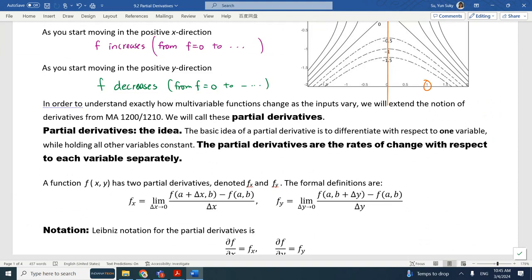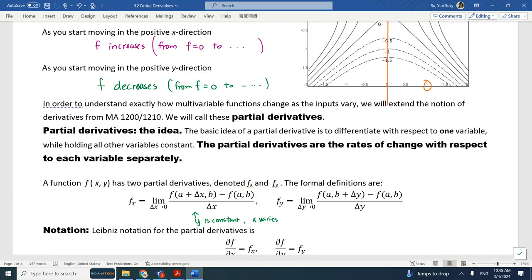Here we have y remaining constant. You see the b is still b, so it is not changing. So in this case, y is constant, and we let x vary.